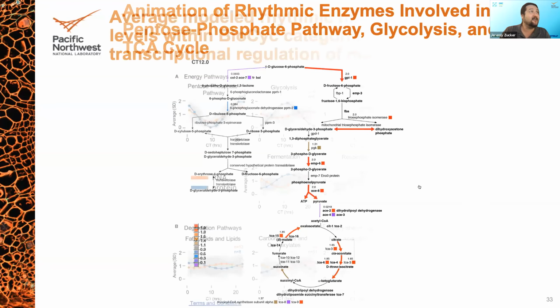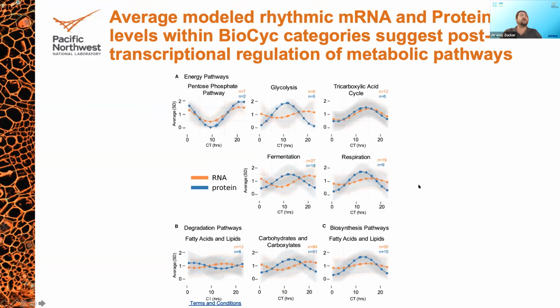So let's see, next slide. Another way of looking at this was inspired by the omics dashboard. This is the average modeled rhythmic mRNA and protein levels within BioCyc categories that suggest post-transcriptional regulation of metabolic pathways. And what you're looking at here is mRNA is represented always in orange, and protein expression is measured in blue.